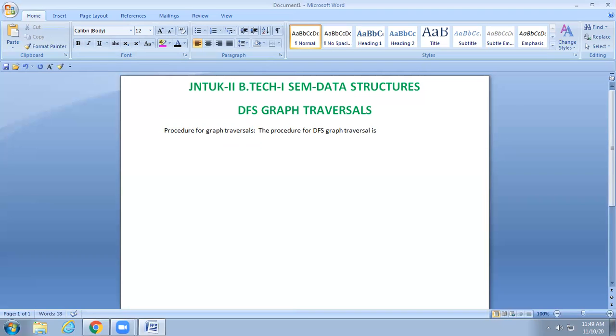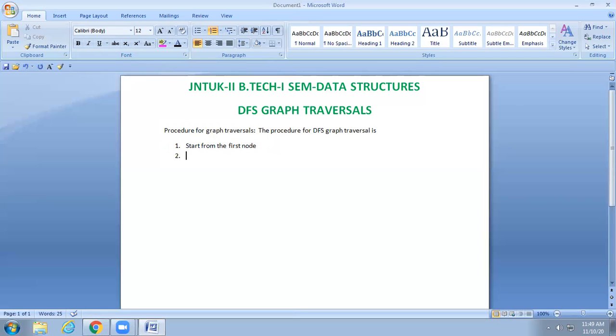The procedure for DFS graph traversal is: start from the first node. Always you have to start from the first node.